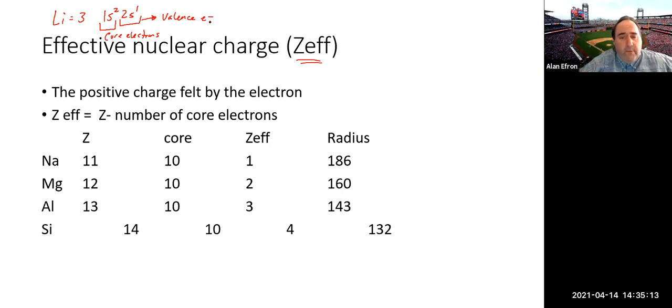So when we have these different types of electrons, our core electrons and our valence electrons, although they're in the same atom, they are feeling a difference in the attractive force between the nucleus and those electrons.